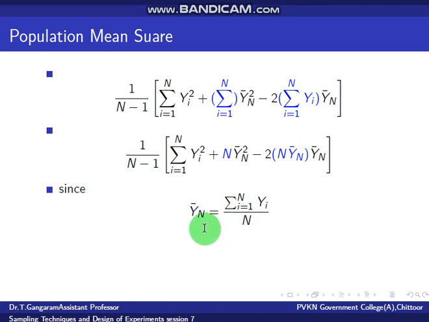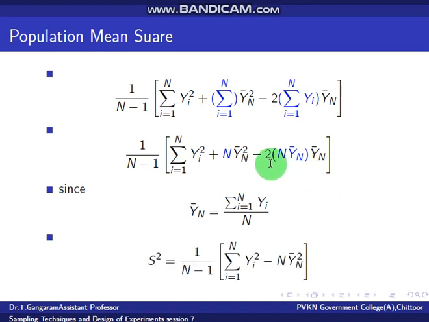You all know that population mean Y bar N is equal to summation i is equal to 1 to N yi by N. We need the term summation yi, so this N multiplies this Y bar N. So we can write summation i is equal to 1 to N yi as N into Y bar.